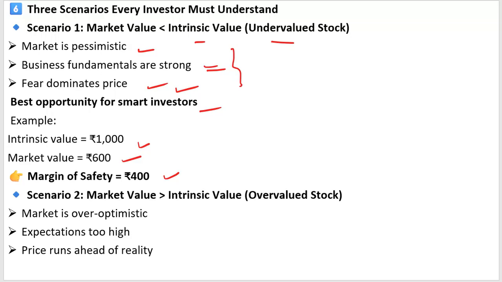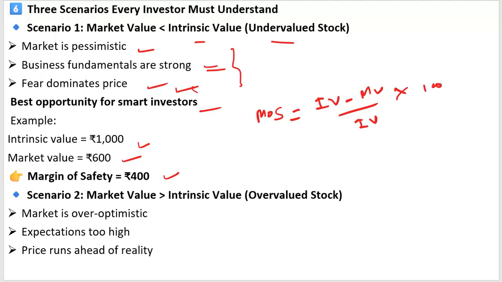It represents a percentage buffer that protects against inaccurate valuations, market volatility, and unexpected company downturns. What is the formula for calculating margin of safety?